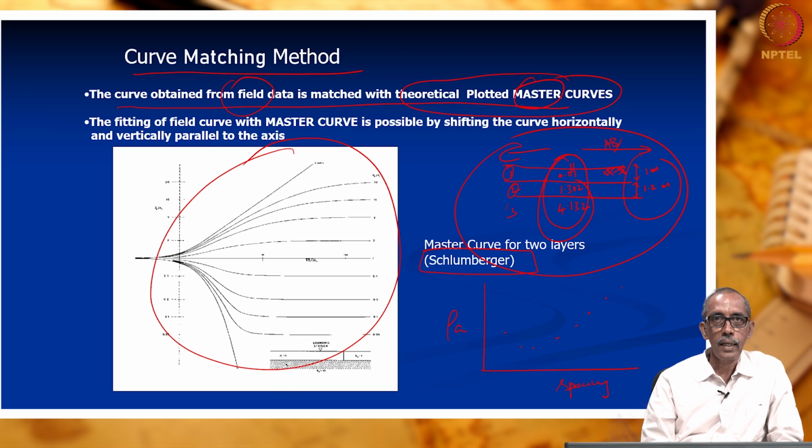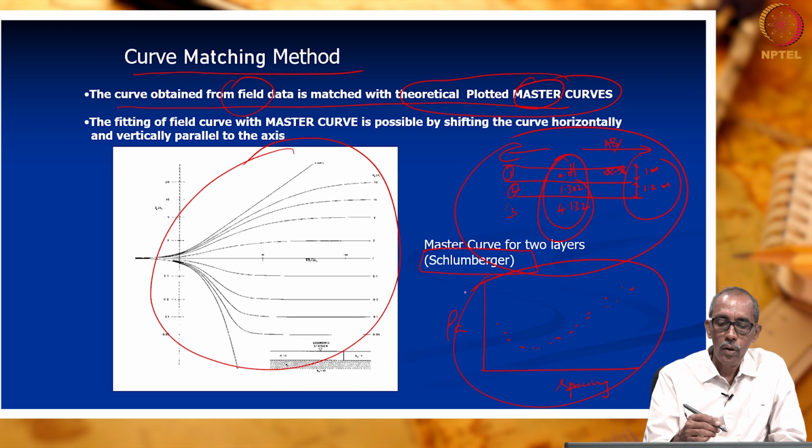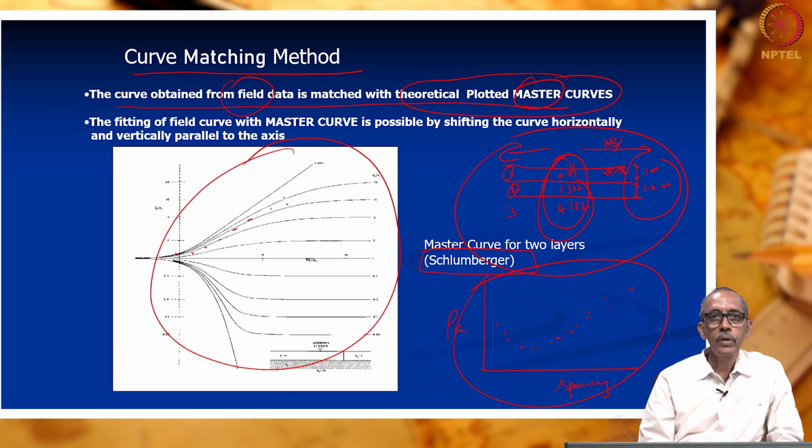As you see in this diagram, this is one set of master curves. Now, we have the field data here, right. Here is the field data. I superimpose the field data over this curve and try to get the best matched position.